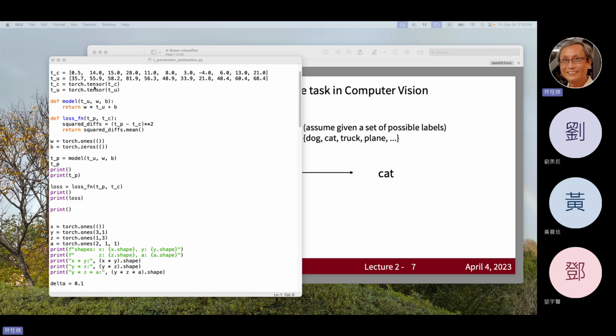Even though here they use exactly the same name, if you look at the type inside your notebook, you will see that this T_C originally is simply a Python list. But after we have done this torch.tensor, then T_C becomes a PyTorch tensor.